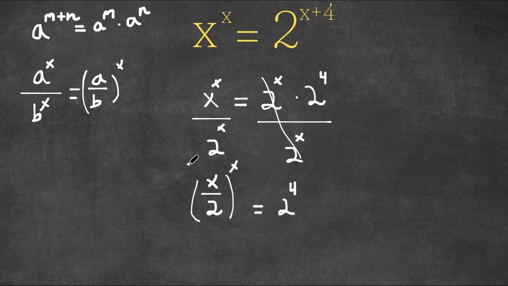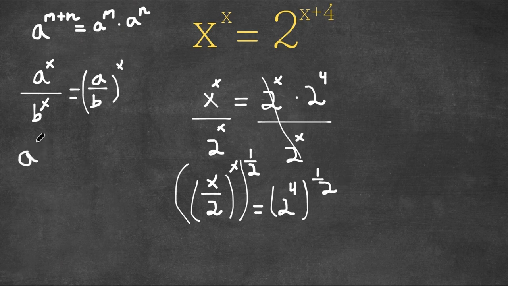Now what I'm going to do is take the power of 1/2 on both sides. If we have a to the power of m to the power of n, this is also equal to a to the power of m times n.